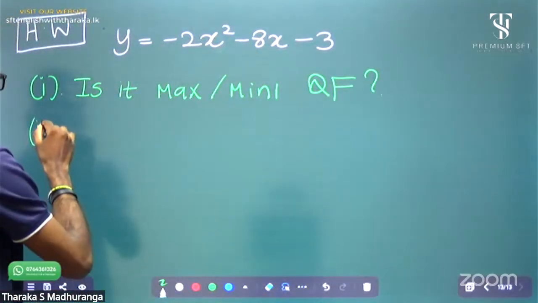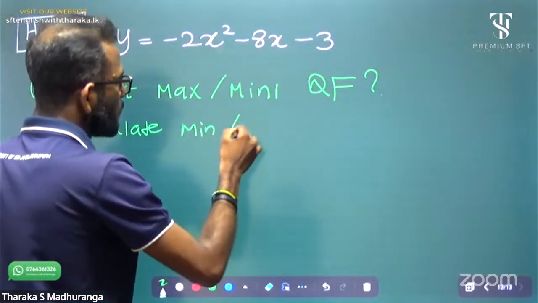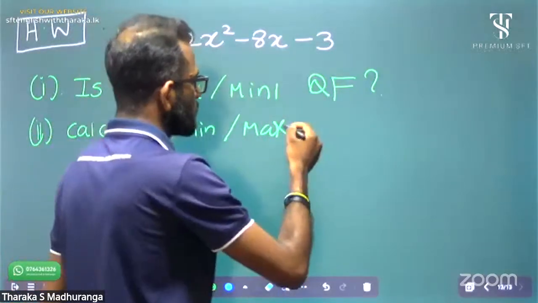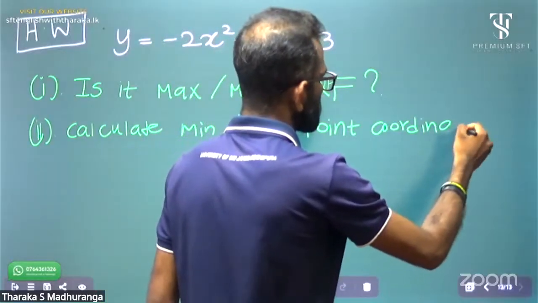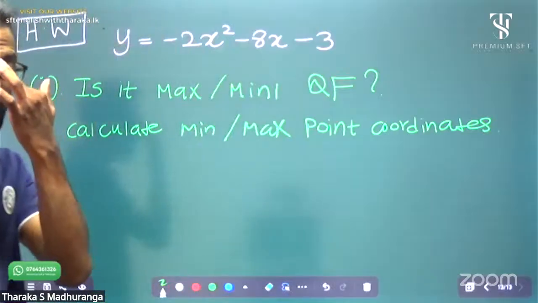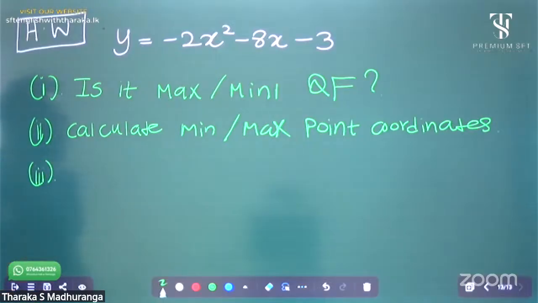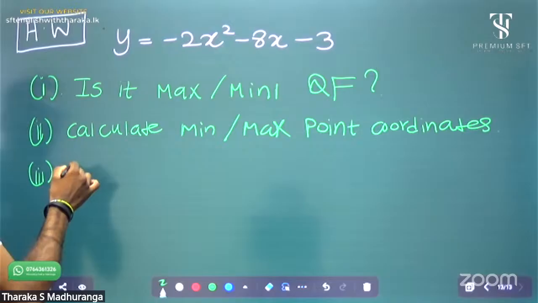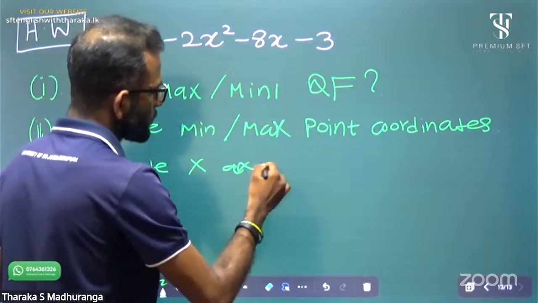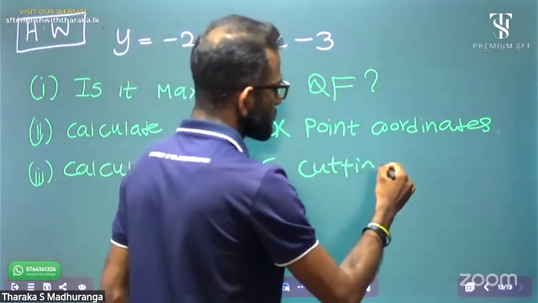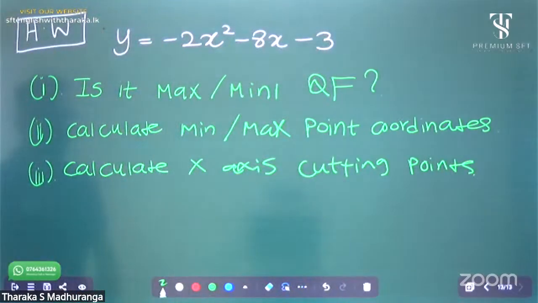Second question: calculate the minimum or maximum point coordinates. That means the turning point. Third one: calculate the x-axis cutting point coordinates.